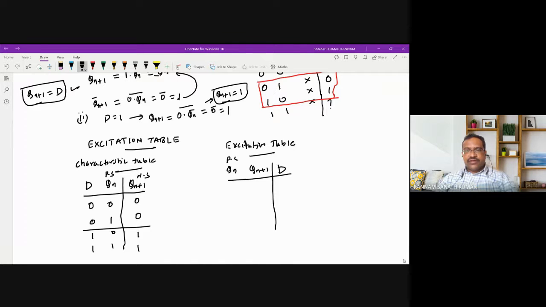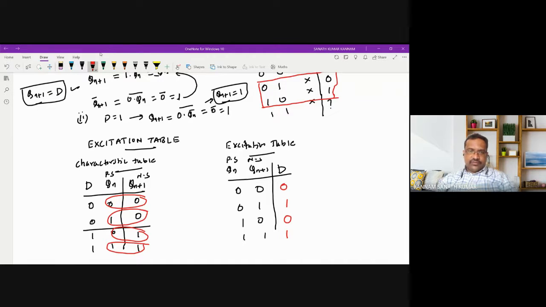So here, when Qn and Qn plus 1 are 0 0, 0 1, 1 0, 1 1, these are the possible combinations. When it is 0 0, the output is 0, and 0 1 gives 1, and 1 0 gives 0, and when Qn and Qn plus 1 are 1 1, you are getting 1.